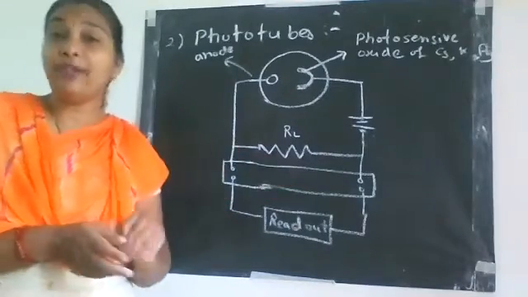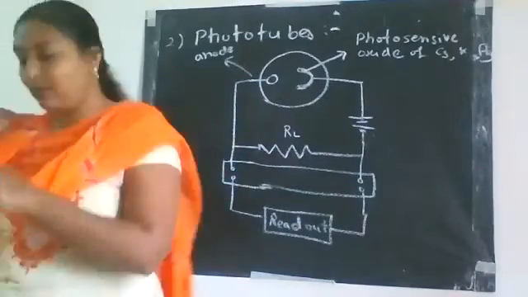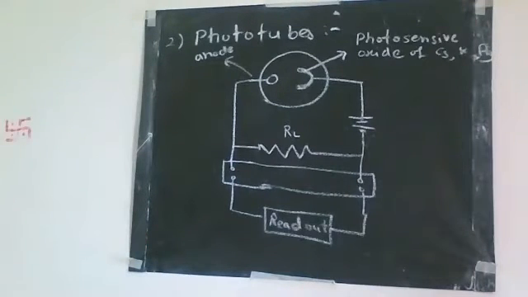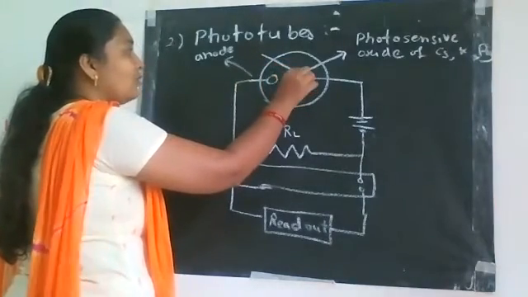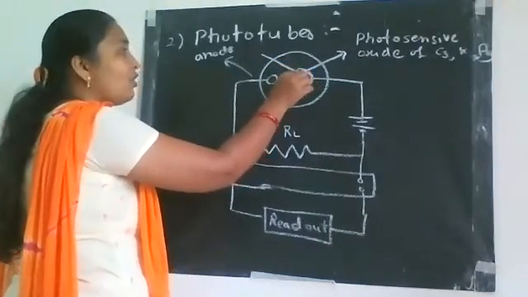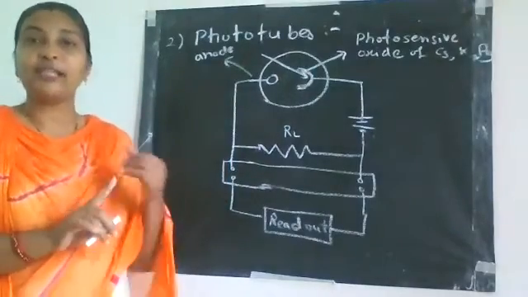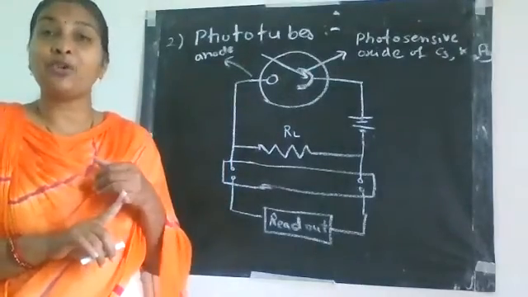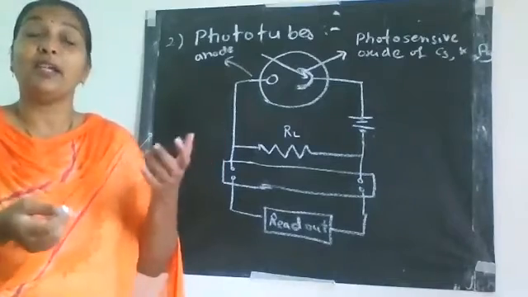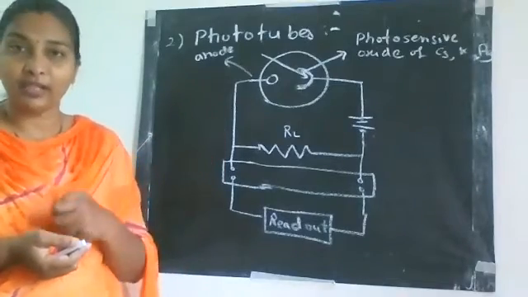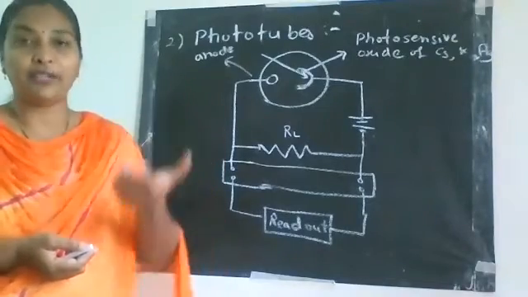How does it work? See what happens when radiations are allowed to fall on the cathode. This cathode is coated by the photosensitive material. Photosensitive means as soon as the radiation falls on it, it starts to emit electrons.